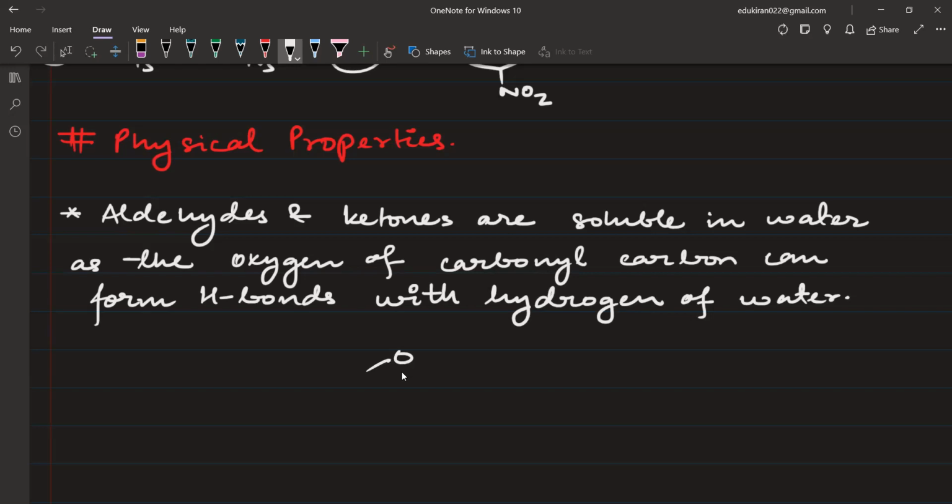So water has oxygen and 2 hydrogens. Both of these hydrogens are very delta positive because they are connected to a very electronegative element, oxygen. And the carbonyl compound has C double bond O. This oxygen has lone pair electrons which can interact with this hydrogen. Like this.